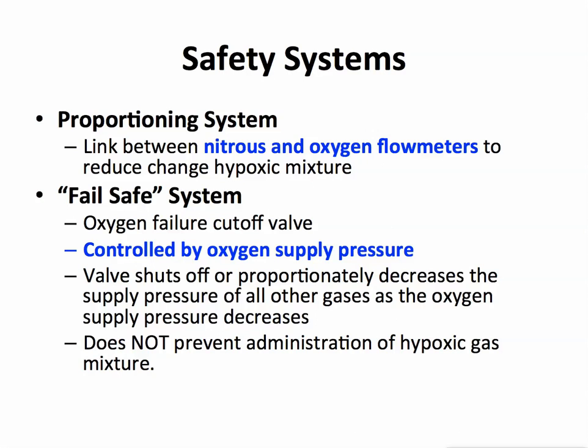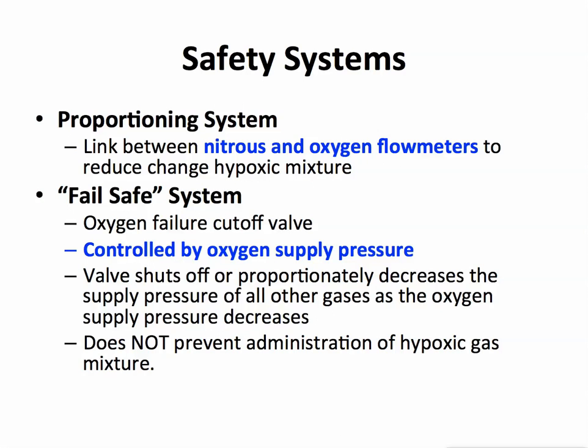As opposed to the fail-safe system, which is an oxygen failure cutoff valve, controlled by the oxygen supply pressure, such that if pressure is being supplied to the system, oxygen, you hope it's oxygen, this allows other gases to be administered.